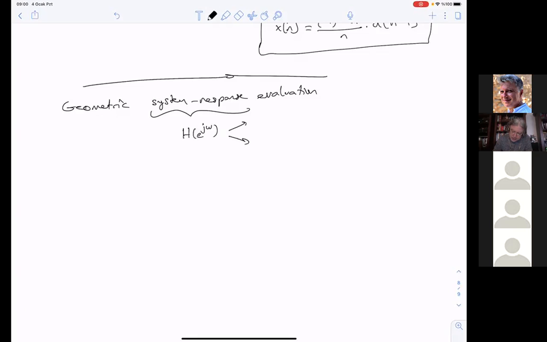And it has two parts. One part is the magnitude, which is the critical part for us. We will mostly deal with this one. And there's, of course, the angle of H of e to the j omega too. So how are we going to find these magnitudes and angles from the geometric representation of the poles and the zeros?